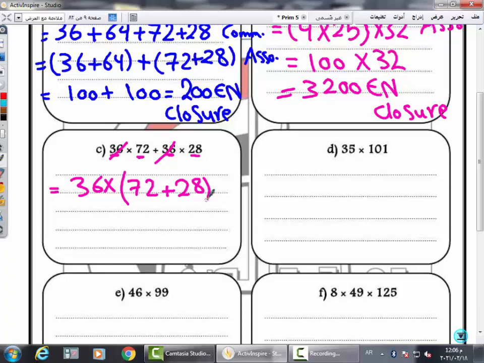This is called associative. We will make the addition: 72 plus 28 equals 100. 36 times 100 equals 3,600, which belongs to N and is called closure.